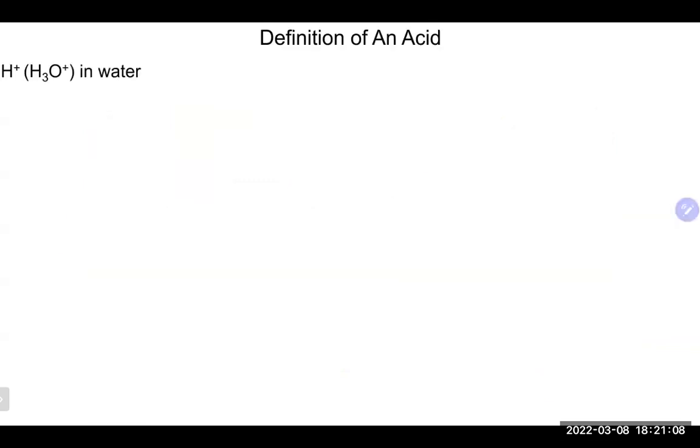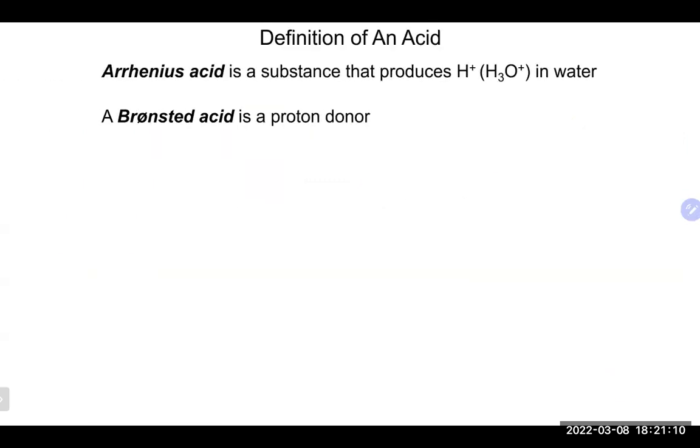Now, we've talked about the Arrhenius definition of an acid and base, and the Bronsted-Lowry definition. There is another definition, which is really important, and that's our good friend Lewis acid and Lewis base. When we think of Lewis, we think of Lewis structures, and with Lewis structures, we think of electrons.